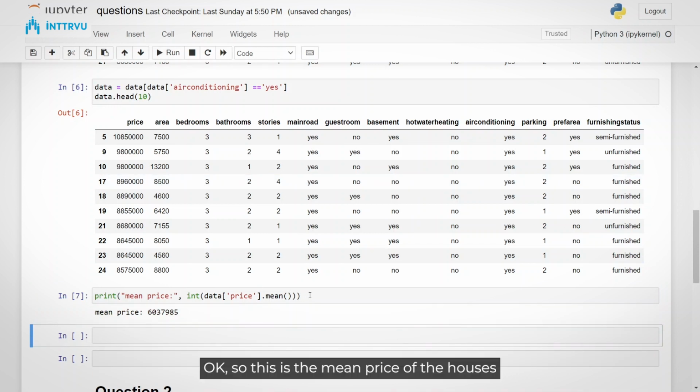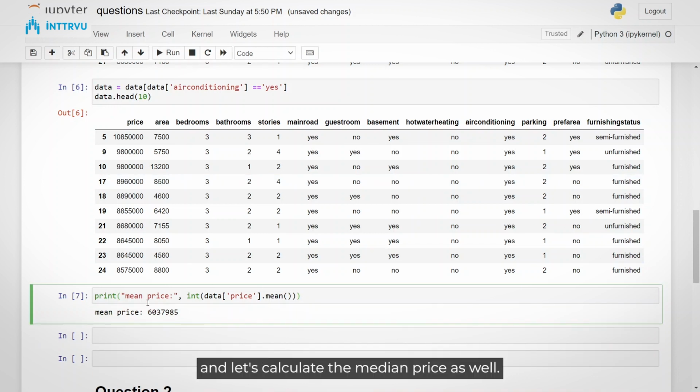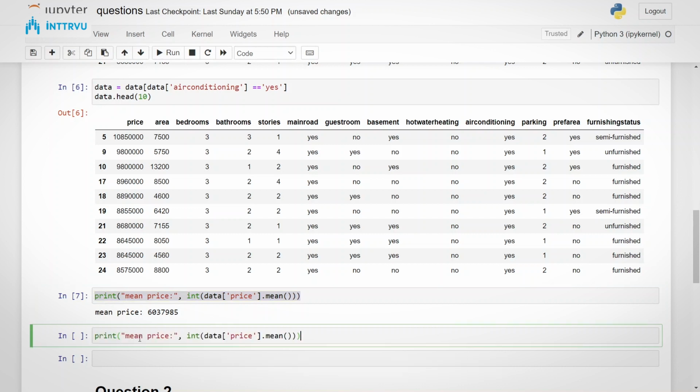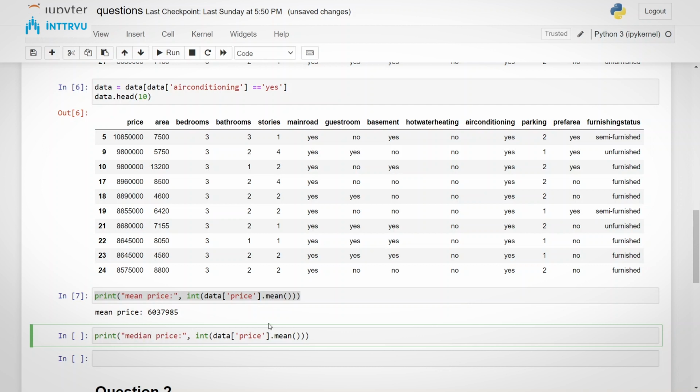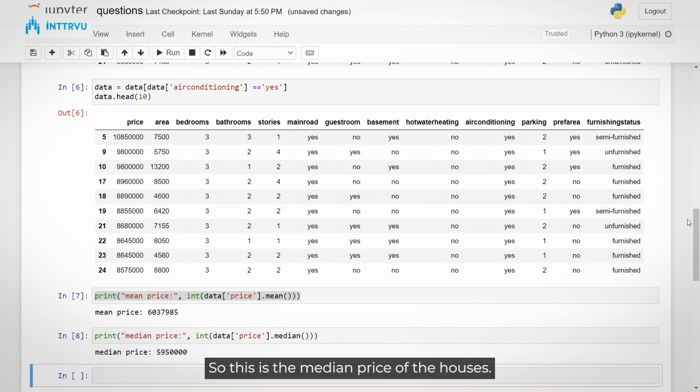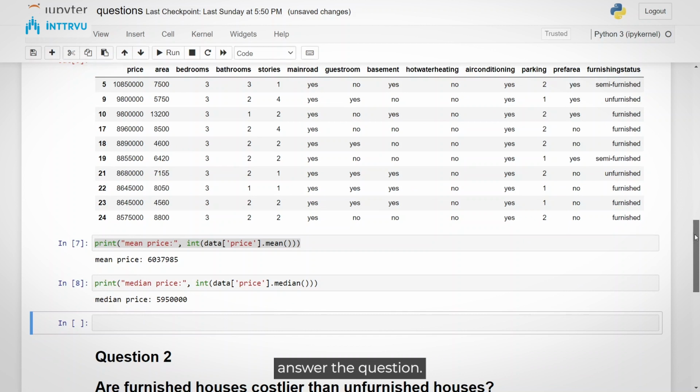Okay, so this is the mean price of the houses, and let's calculate the median price as well. I will just take this for reference, and instead of mean we would use median. So this is the median price of the houses. This is how, using pandas, we are able to answer the question.